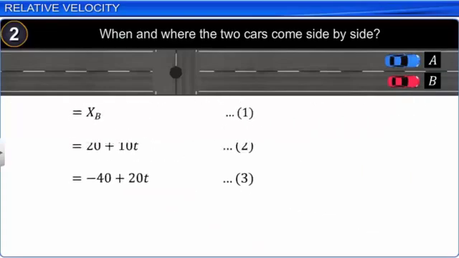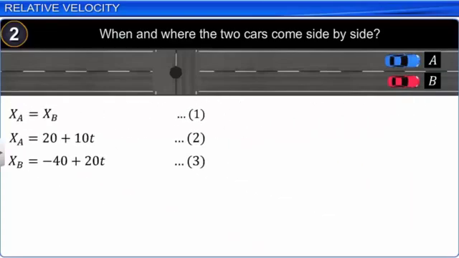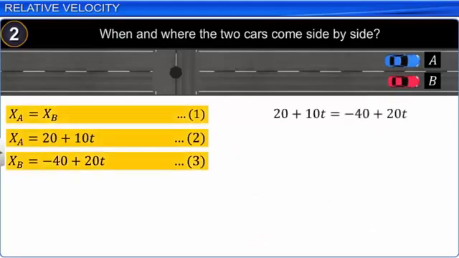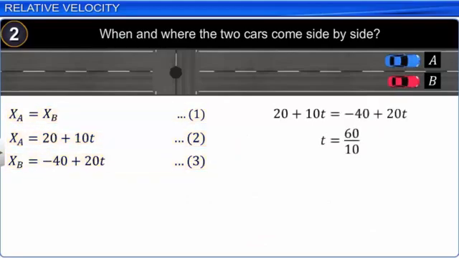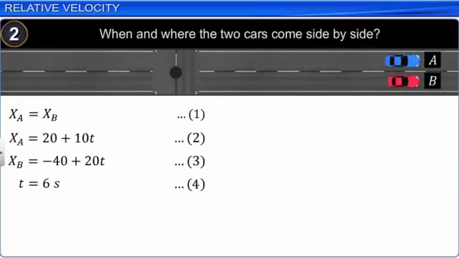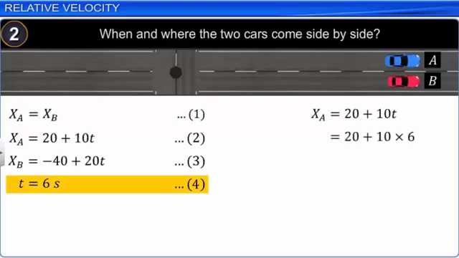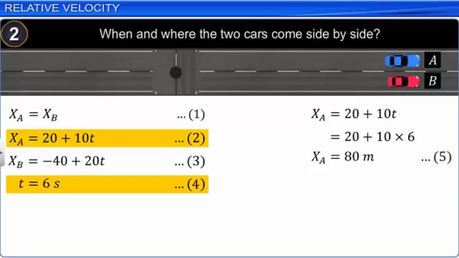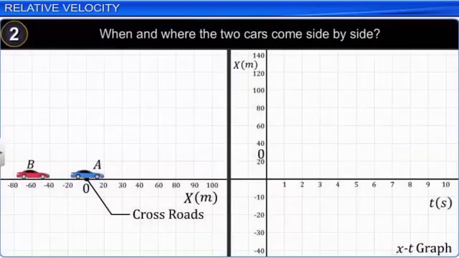On further simplifying, we get T equal to 6 seconds. This is equation 4. Further substituting equation 4 in equation 2, we get XA equal to 80 meter. The two cars A and B come side by side at 6 seconds when their position coordinate is 80 meters.